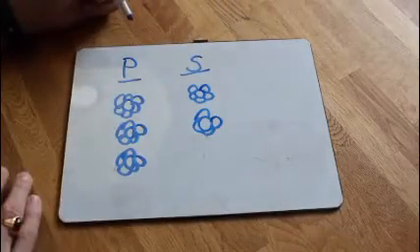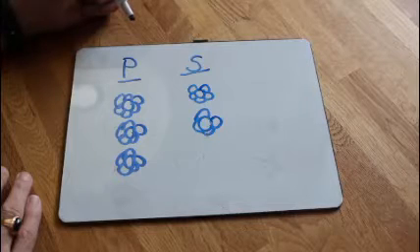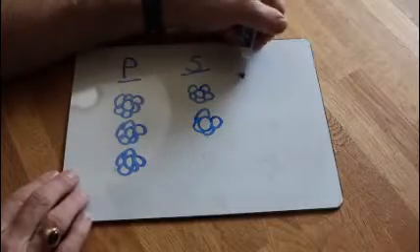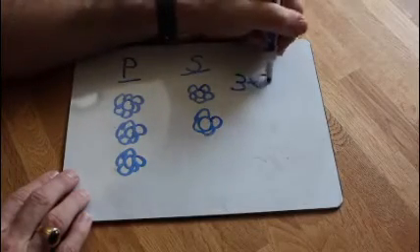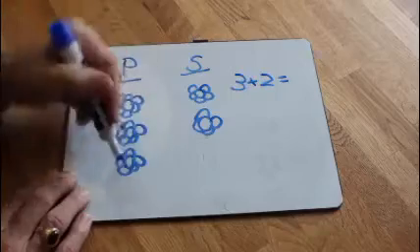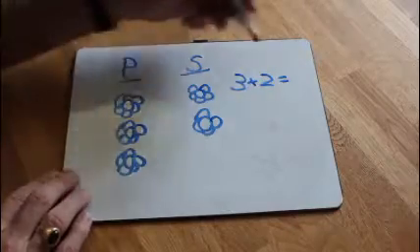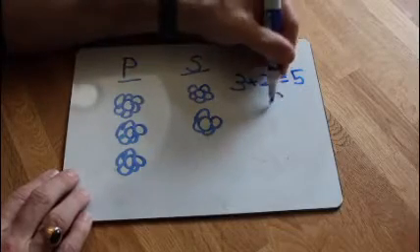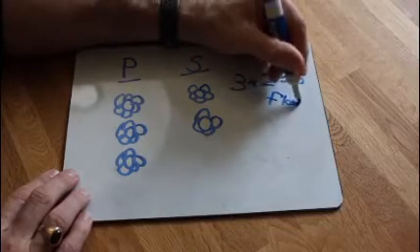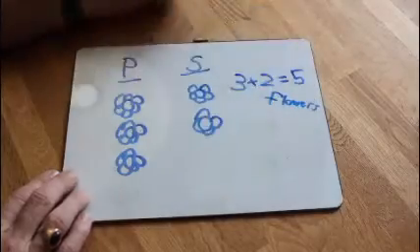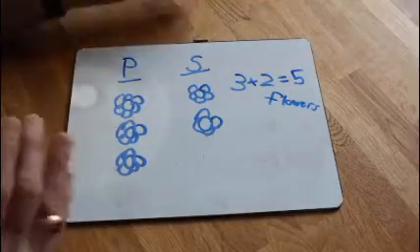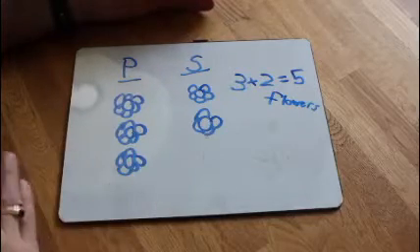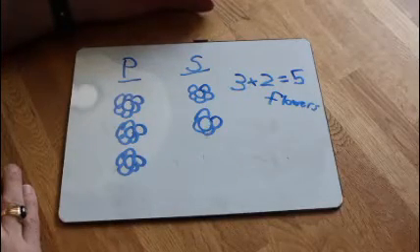Now the question was, how many flowers do the girls have all together? Well, all together is going to put them together, so we have 3 plus 2 equals 1, 2, 3, 4, 5. And 5 what? 5 flowers. Make sure you're letting people know what you're talking about. The question I always ask at the end, does that make sense in the problem? If it doesn't make sense, we got to go back and find out where we got confused.